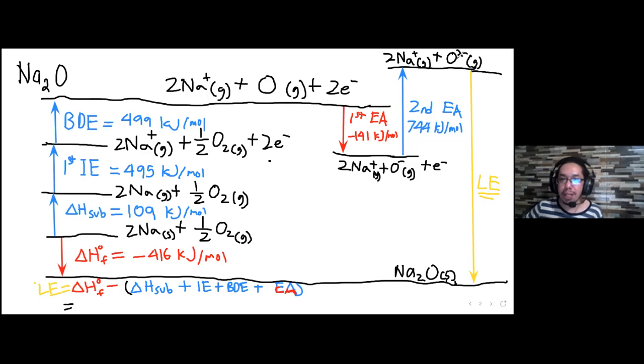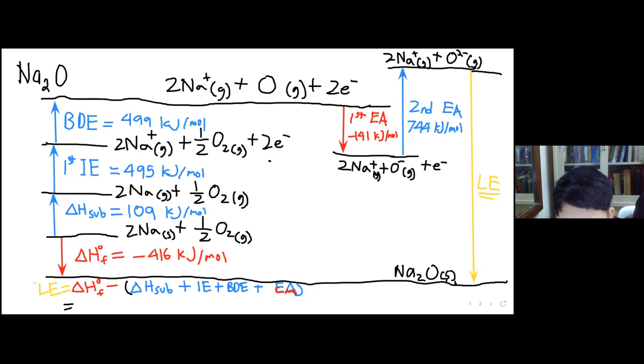This time, we define lattice energy here by forming sodium gas and oxide ion gas into sodium oxide solid. So it's bond formation, right? So that will be exothermic. So what will be the value of lattice energy again? Negative. Very good.